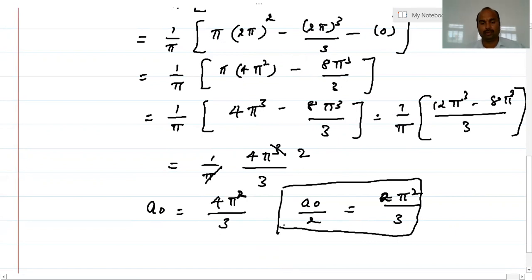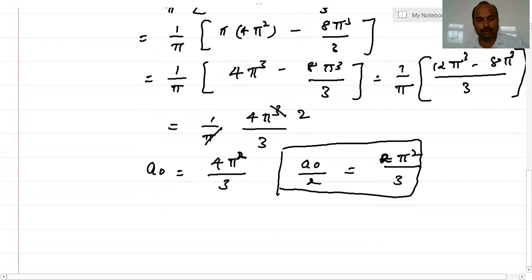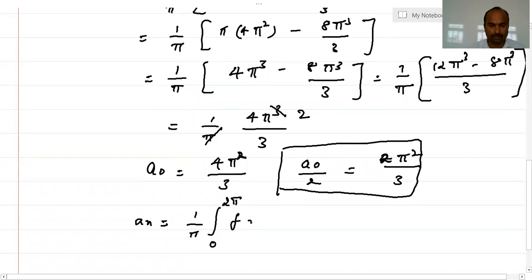Similarly, we have to find the other constant, so that is the second one. So an is given by 1 by pi integral 0 to 2 pi f of x cos nx dx.